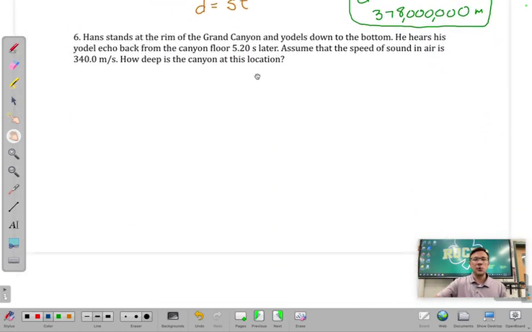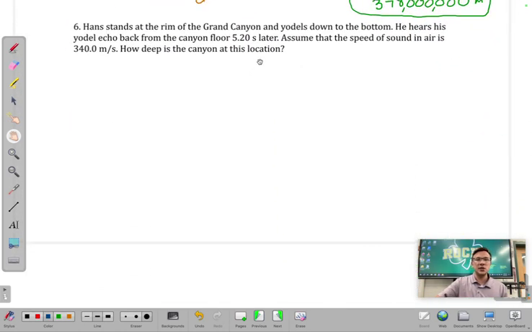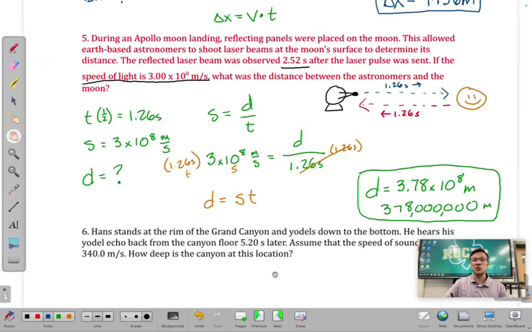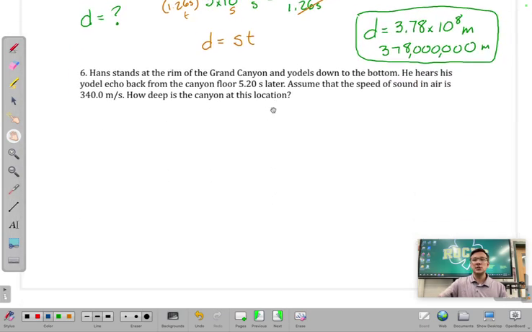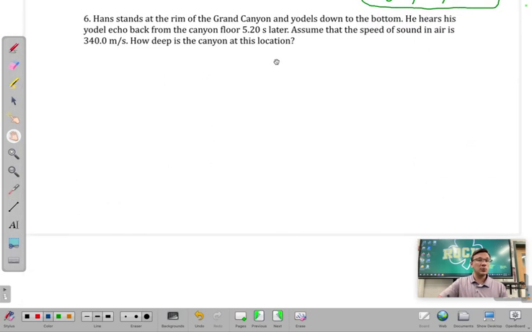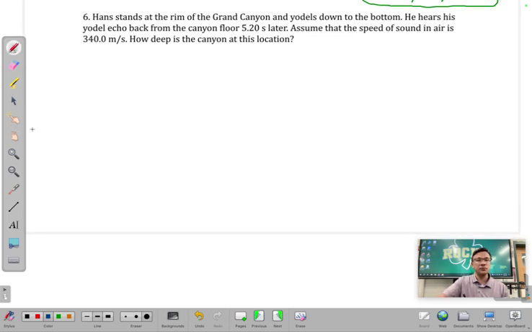Last problem for today is number 6. Now, this is what I refer to as an echo problem, which is very similar to the reflection or echo problem that we did in our example problems, which was number 5 with the reflecting panels. So you might review that problem real quick before we start this one.